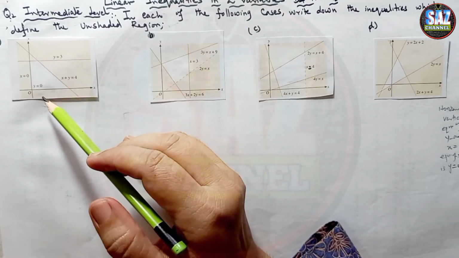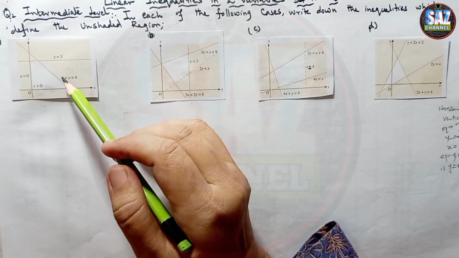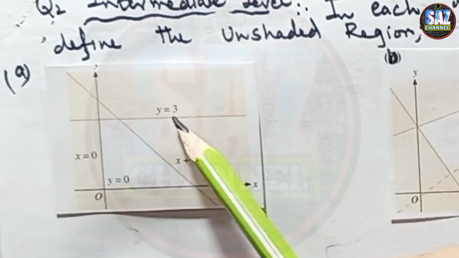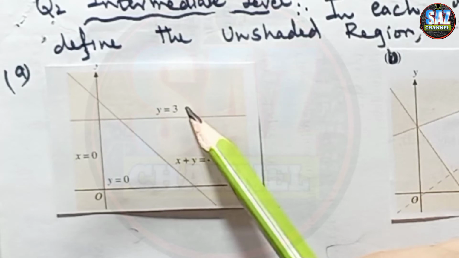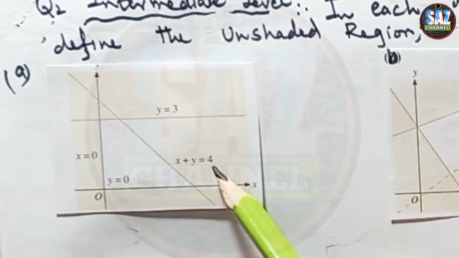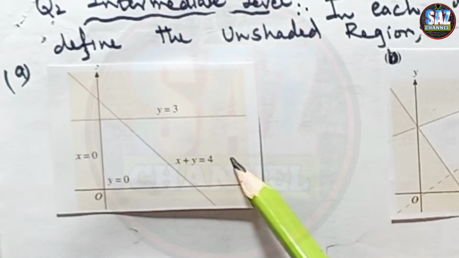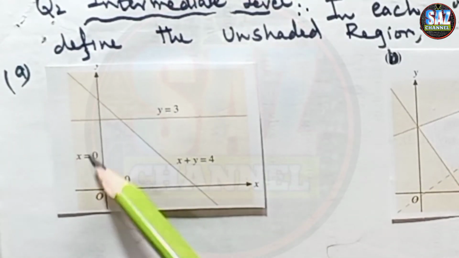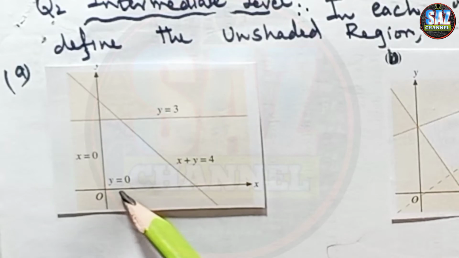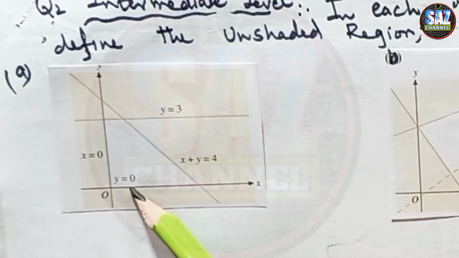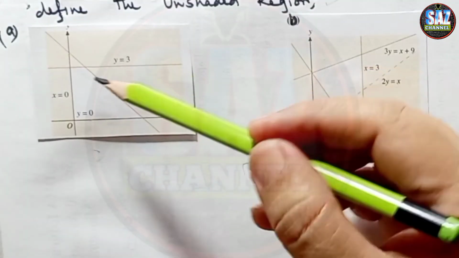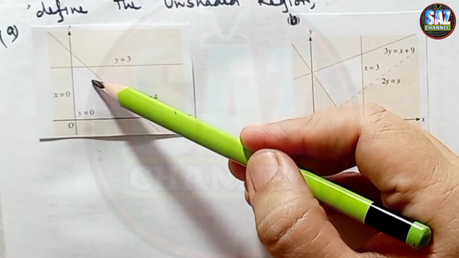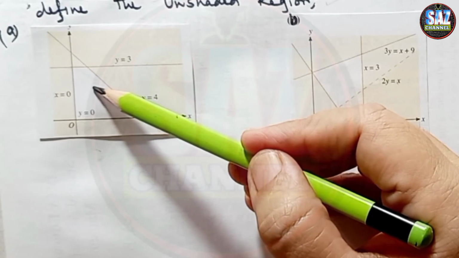Let's move to the first part of the question. If we look at the graph, there are four equations given. One is y equals 3, the second is the non-vertical line x plus y equals 4, then x equals 0, which is the equation of the y-axis, and y equals 0, which is the equation of the x-axis. For y equals 3, the unshaded region is below this line.